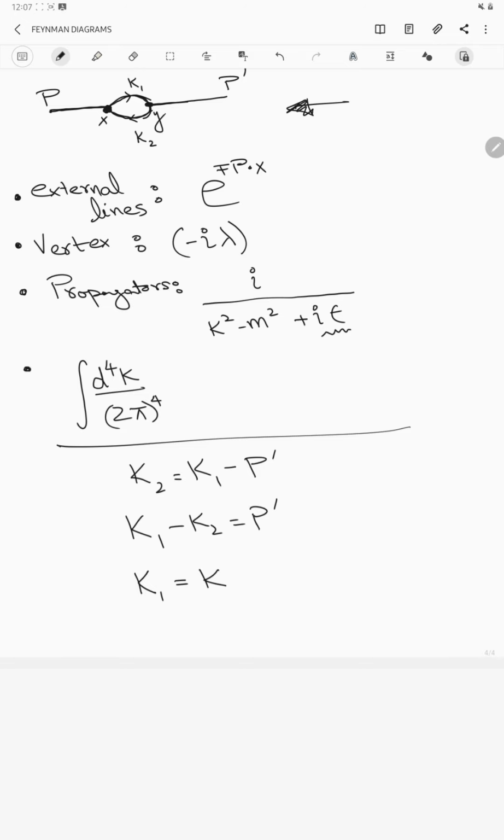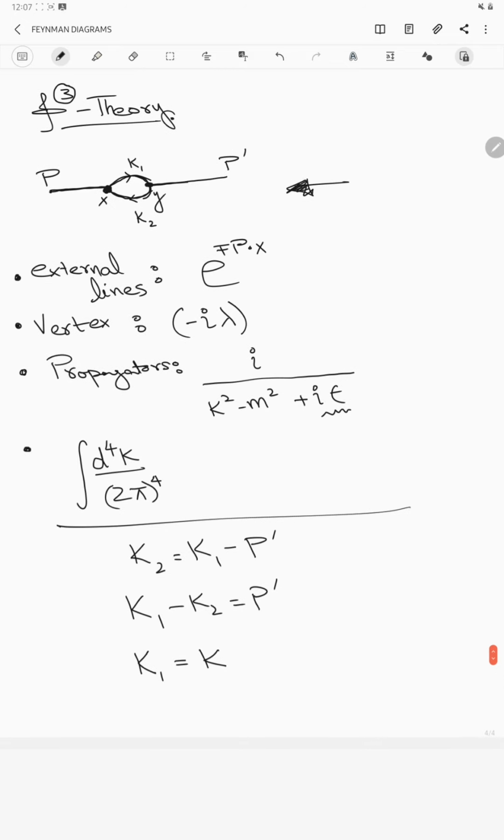Now, again, if you look at this diagram, you can see that you have these two vertices. According to the rule that I just said, for each vertex you multiply by a factor of negative iota lambda.